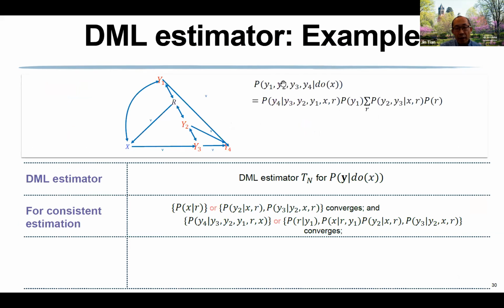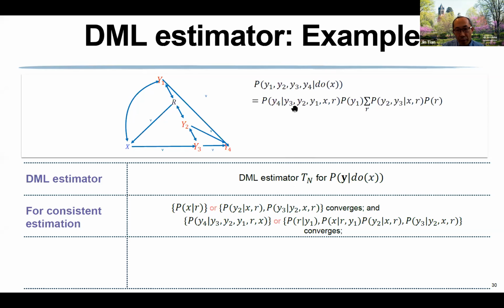For this graph, this is the expression given by the IDP algorithm. And using our DML IDP algorithm, we have derived the estimator. The detailed expression is too messy to show, so here I will show the double robustness properties.